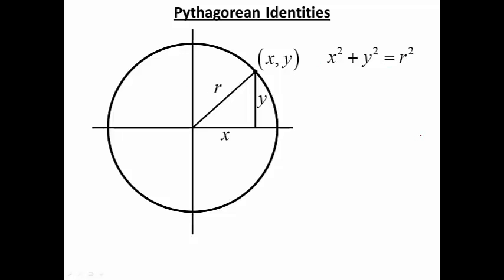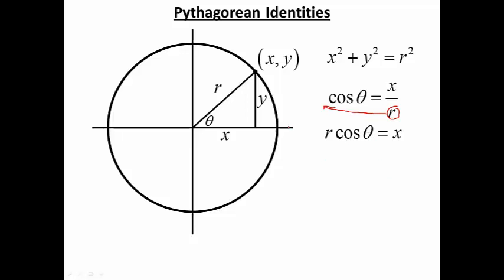All right. Now I also happen to know, because of my knowledge of trigonometry, that I can also pull out some trig ratios here. For example, the cosine of theta would be x over r. And before I pull out another one, I'm going to realize, hey, can't I take that r and move it up here? Sure I can. Multiply both sides by r, you get x equals r cosine theta.